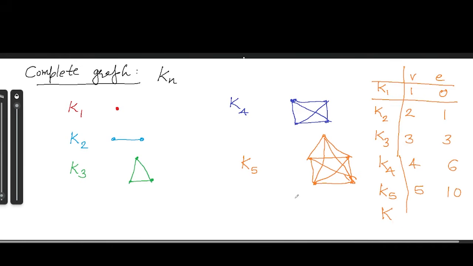Similarly, you can draw K6 and the number of vertices is 6 and the number of edges is 15. Okay, so this is the concept of a complete graph. So a complete graph is a simple graph in which each pair of distinct vertices is joined by an edge.